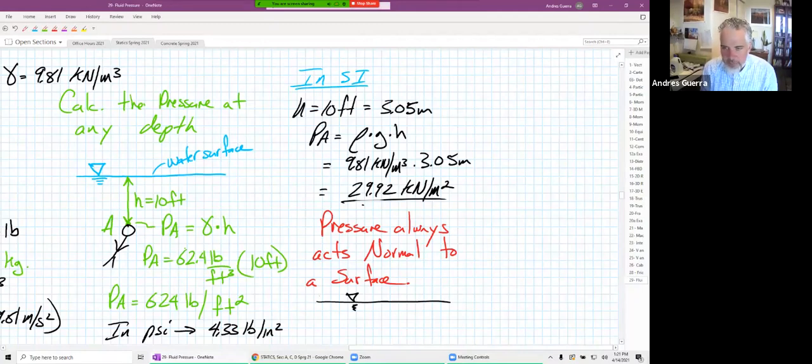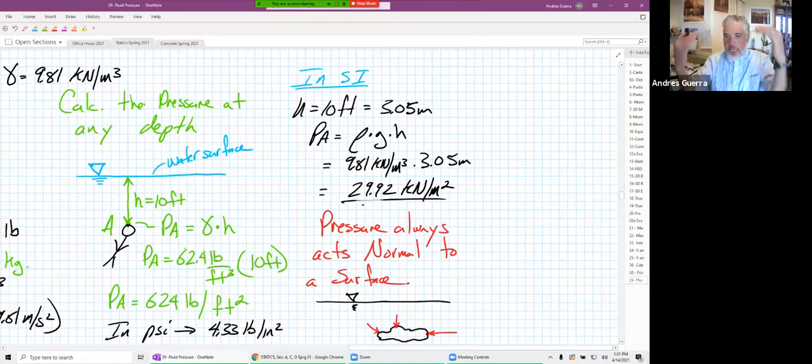And then what if we had something shaped like this? It kind of looks like a potato or a rock. Well, right here at this point, our pressure would be normal to that surface point. If we came over here, it would be normal to that. And if it's a little bit deeper, then we're going to get a little bit more pressure on it. Or right here, it's going to be normal to that surface right there.